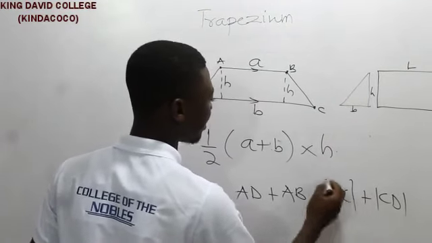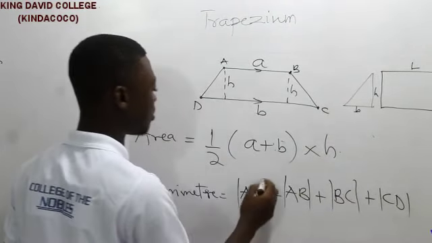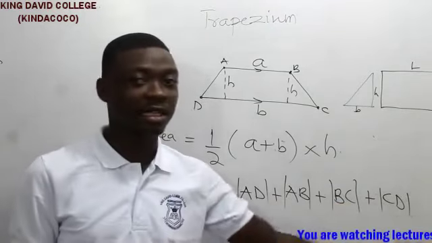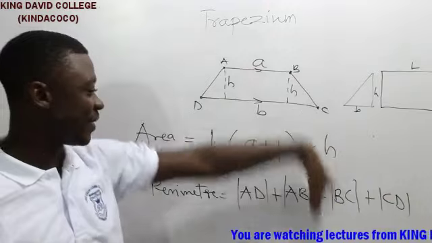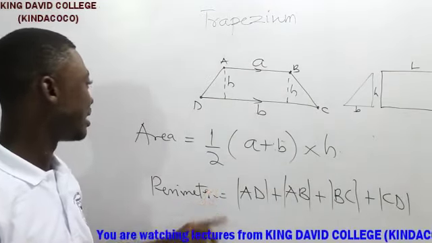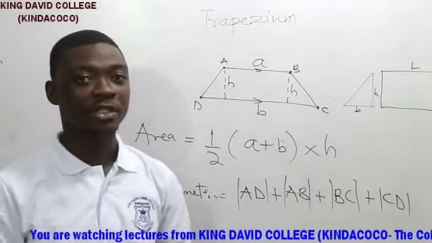If you want to make it a line, you can just put the magnitude symbol around it. When you sum all of them, you are going to get the perimeter of the trapezium.